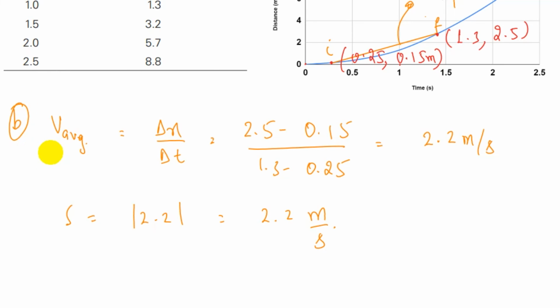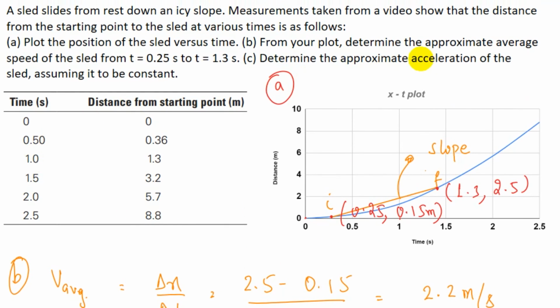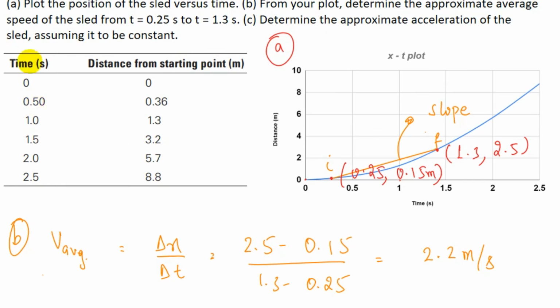Now next, in the C part, we have to determine the approximate acceleration of the sled, assuming it to be constant. So we can assume that the acceleration remains constant through the motion. We can take any two time instants.